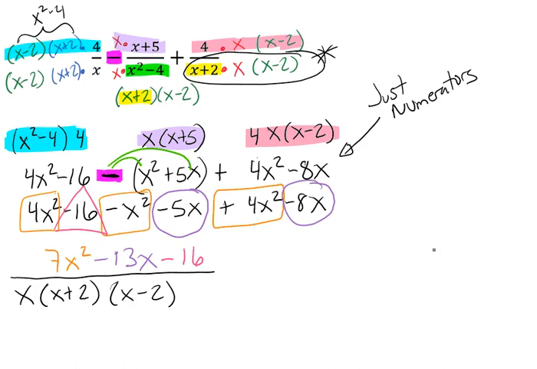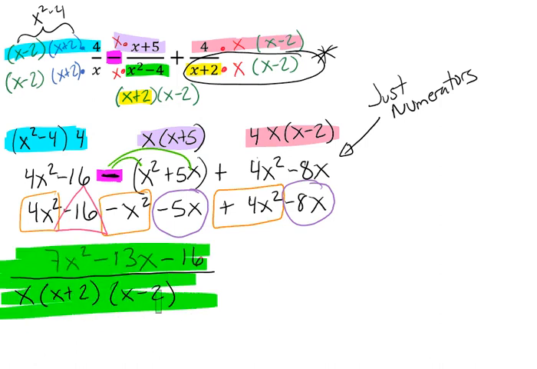If you get rational numbers, then you know it's factorable, but if they're not rational, then it's not factorable. If we plug this into the quadratic formula, we'll come up with irrational numbers, which means we cannot factor this. Which means this answer right here is going to be our final answer.